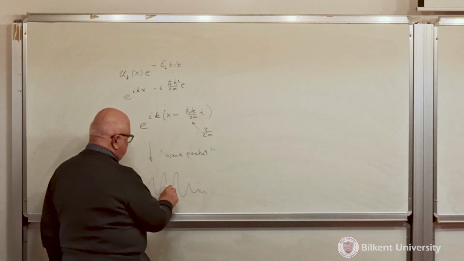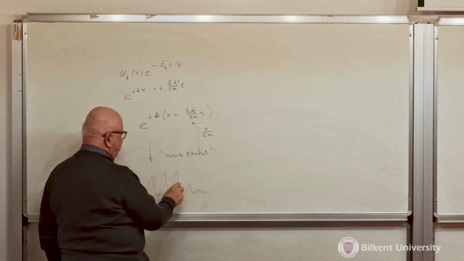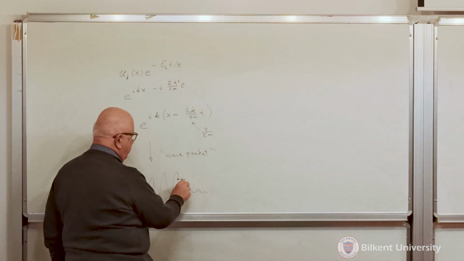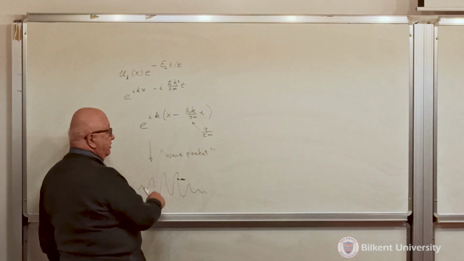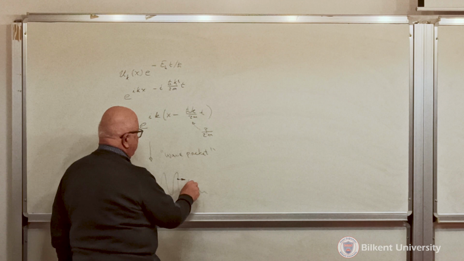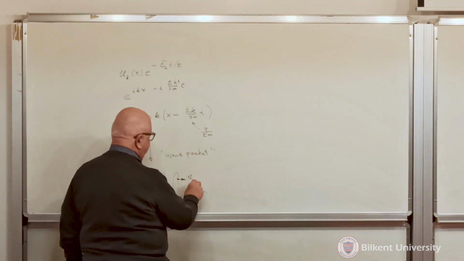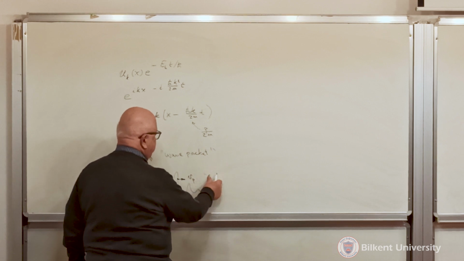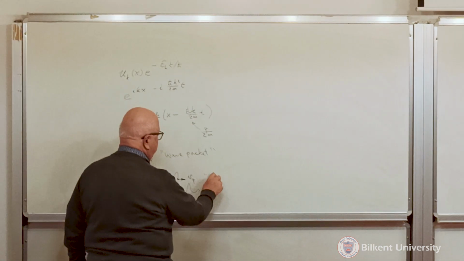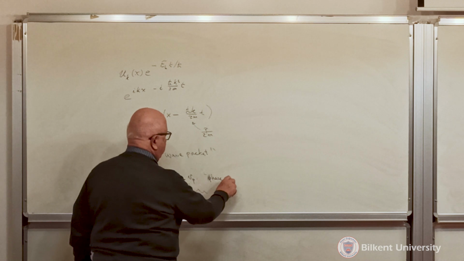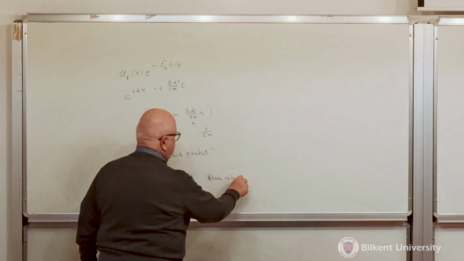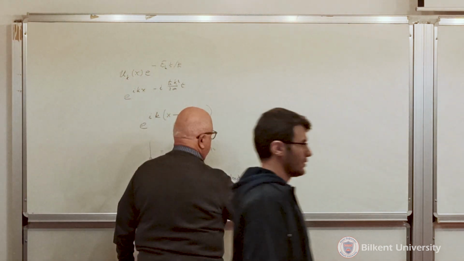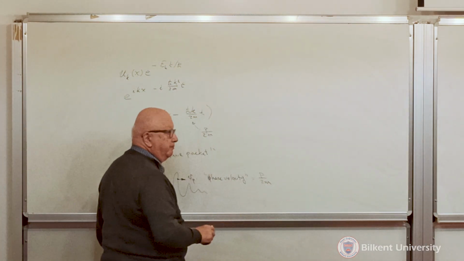This is the velocity with which this wave front is moving. This is called the phase velocity. We'll denote it as V_p. Okay, this is the phase velocity, and it's equal to p over 2m.